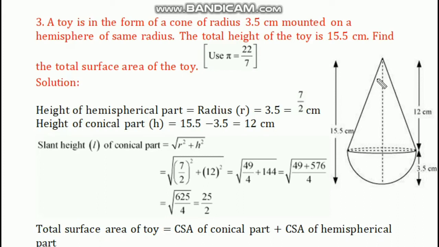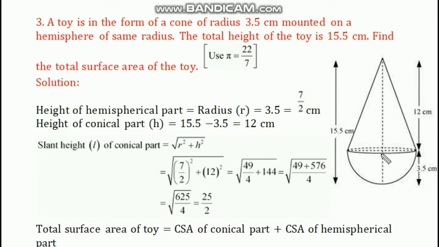See, this is the given toy. In this toy, the cone is mounted on the hemisphere. The radius of the cone is 3.5 centimeter, and the radius of the hemisphere is also the same, 3.5 centimeter. The total height of the toy is 15.5 centimeter.